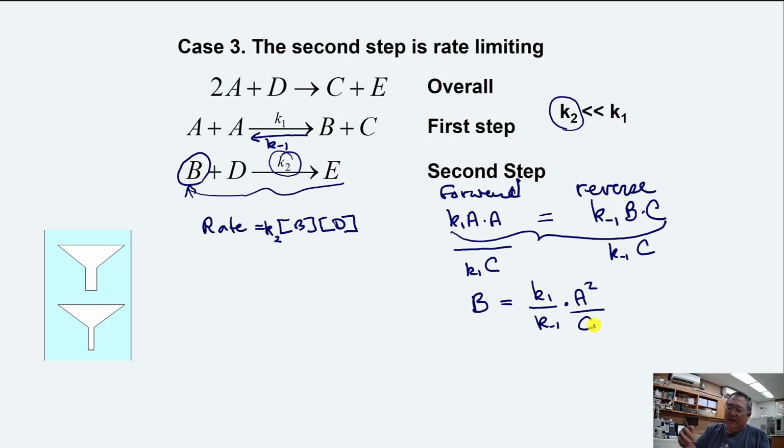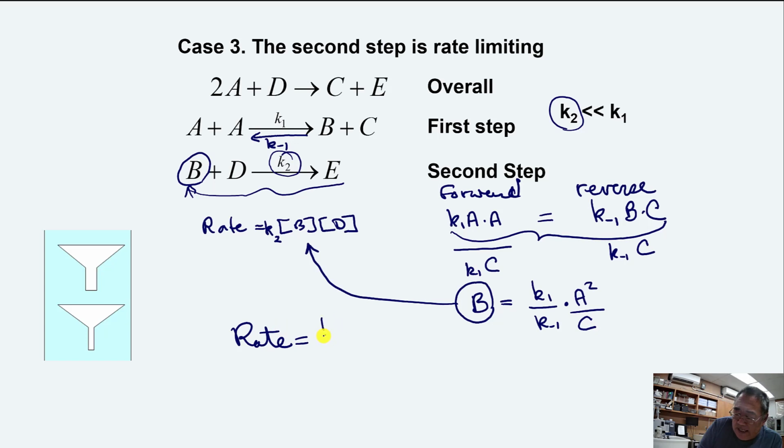Now I can substitute this in here. When I do that, the reaction rate is equal to K2 times K1 divided by K minus 1, times A squared times D over C.